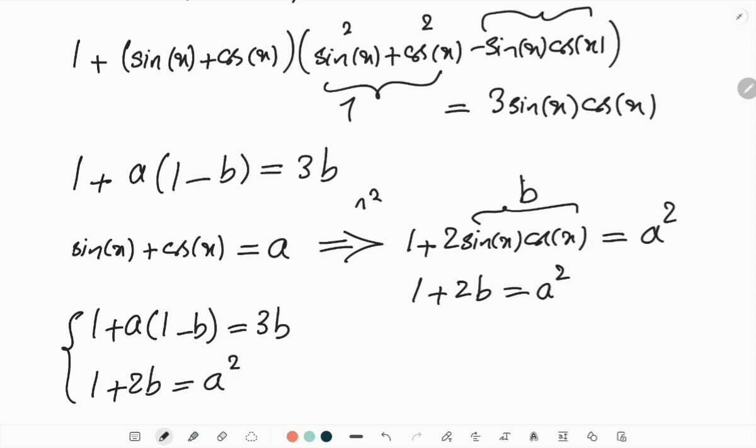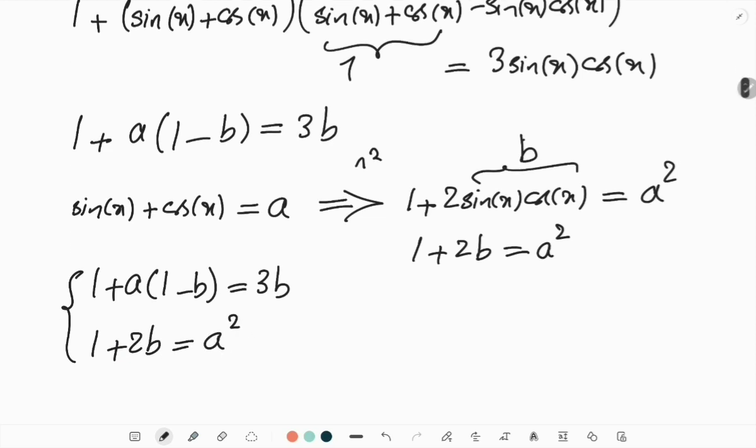Perfect. Now I can solve this, or well, I'm not sure if I can solve it, but let's say we have two equations and two variables. It should be solvable, but let's see. So if I take the second equation and try to find b, then b will be equal to (a² - 1)/2.